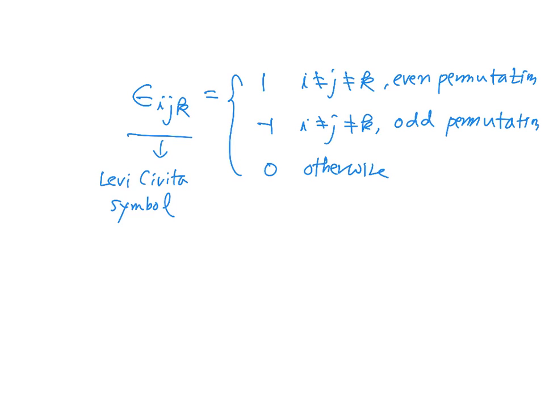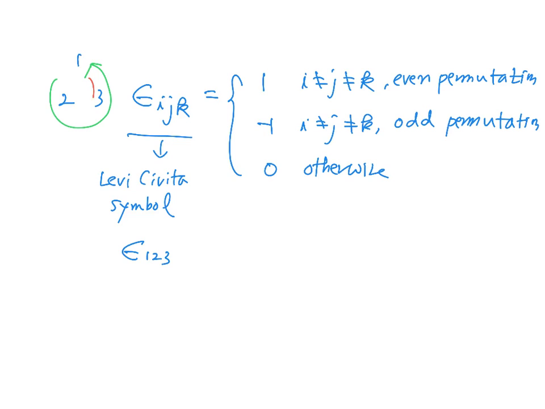He introduced this concept, and he found that it's very easy to calculate the determinant. For example, epsilon 1, 2, 3. I'm going to write it this way, 1, 2, 3.